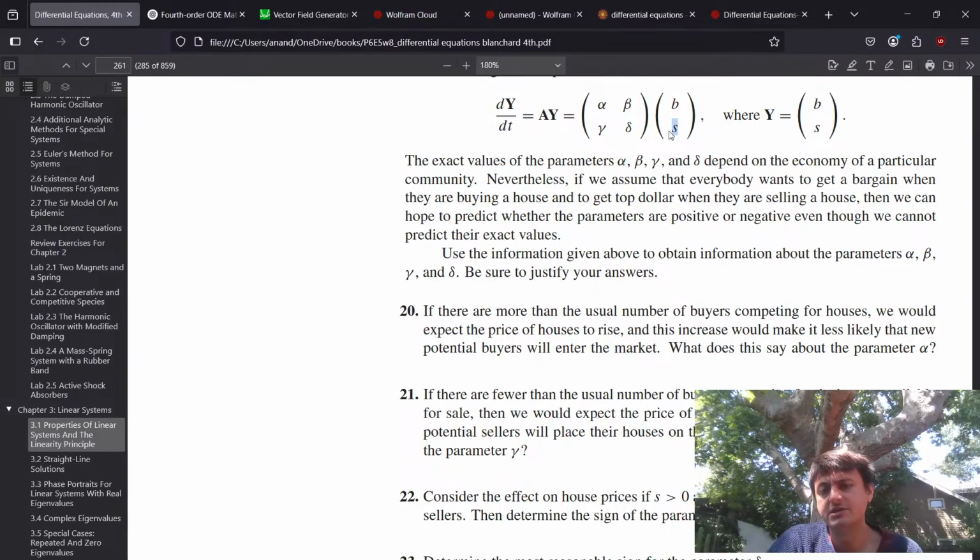So s is greater than 0, which means there's a surplus, so then buyers will grow. So beta is positive.